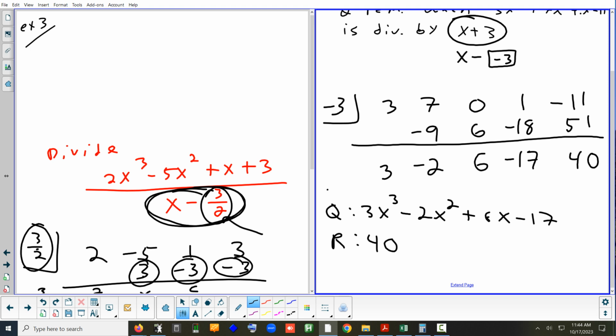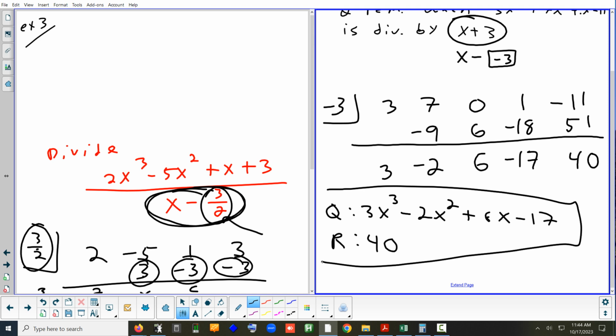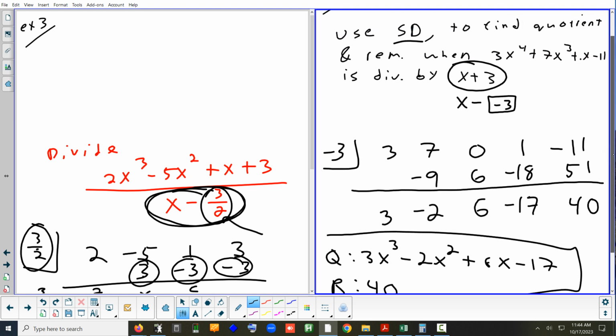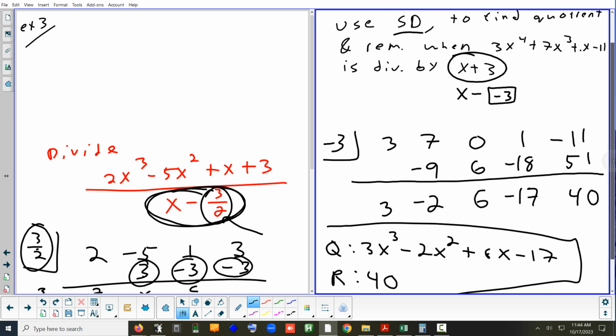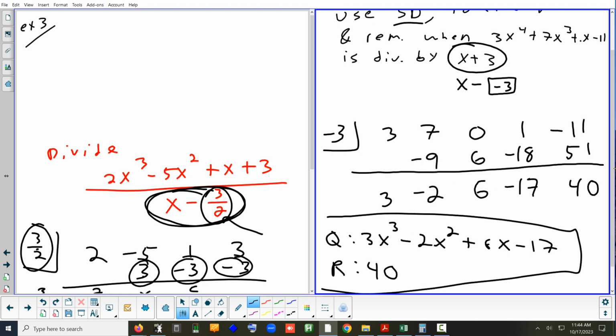That's your quotient and remainder. So what do we know about x plus 3? It is not a factor of 3x to the fourth and all that stuff. X plus 3 is not a factor, which means negative 3 is not a 0. It's also not a root. It's not an x-intercept.